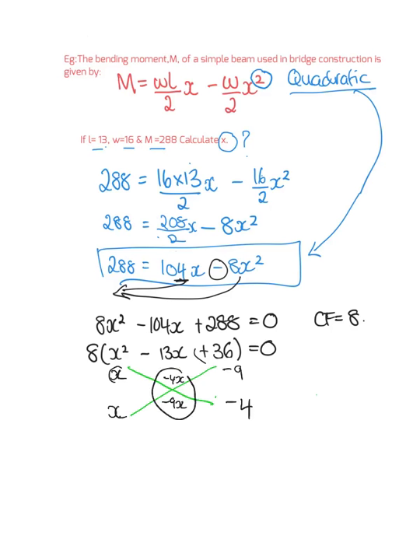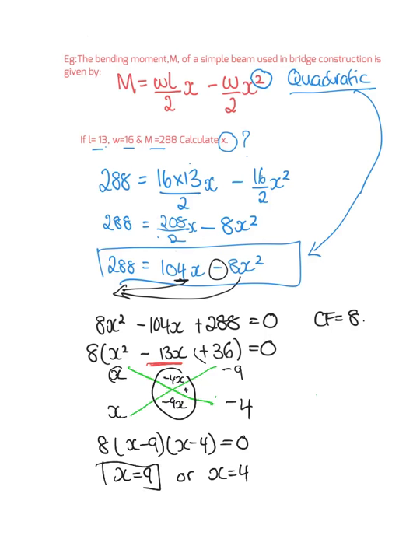If we add those two, that gives me this number here. So I'm happy with that. My factors now have become 8, x minus 9, and x minus 4 equals 0. So therefore, using the null factor law, x could equal 9, or x could equal 4.